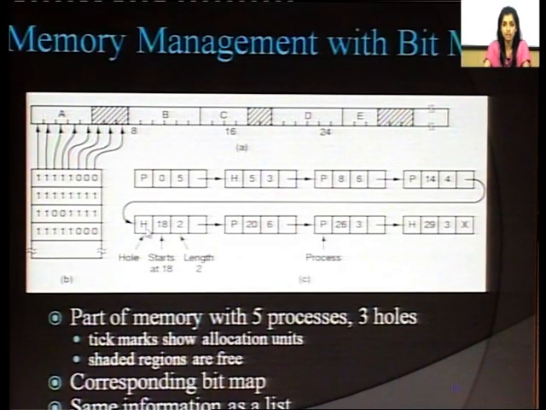Like H represents a hole, meaning free space, where 0 is the start address and 5 is the total length of the process. P represents a process. So this is part of memory with 5 processes and 3 holes.